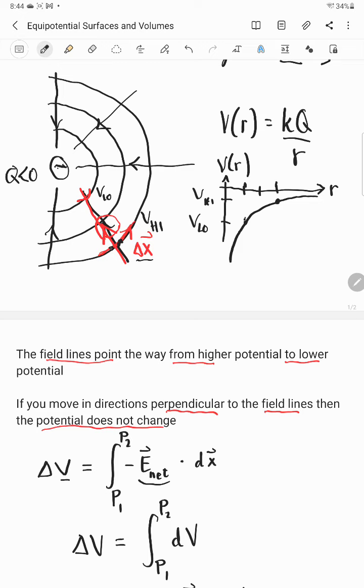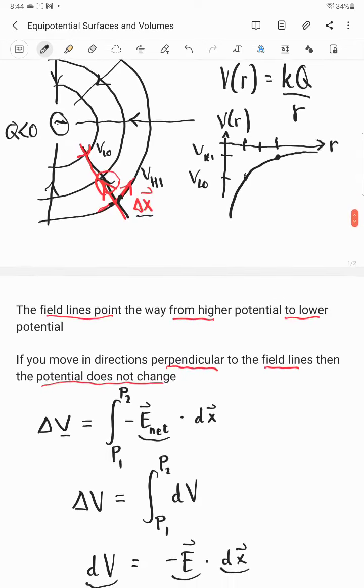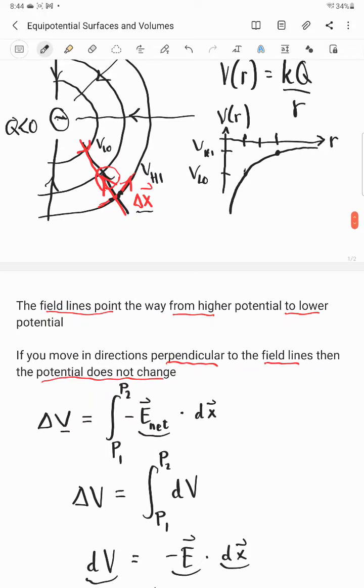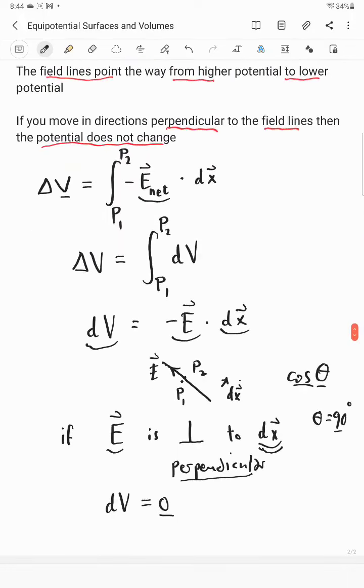So from here to here, there's no change in potential. But that's what equipotential means, right? No change. They're equal values at the two different locations. Okay, we can take this analysis a little bit further.